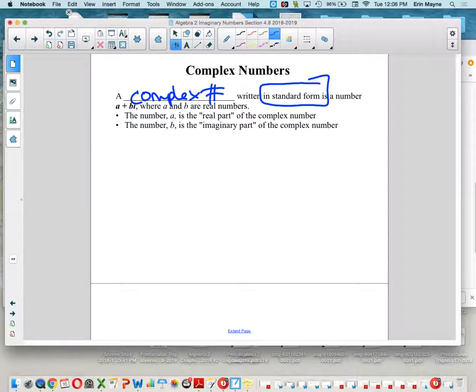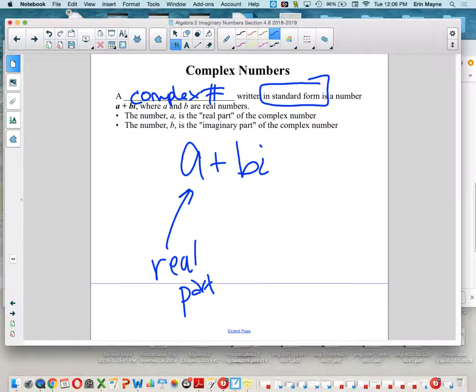We call that standard form a plus bi. a is the number we've been dealing with your whole educational career. This is the real part. It's the part you know. But now we can add on an imaginary part. And when we combine them, we are in what we call the complex number system.